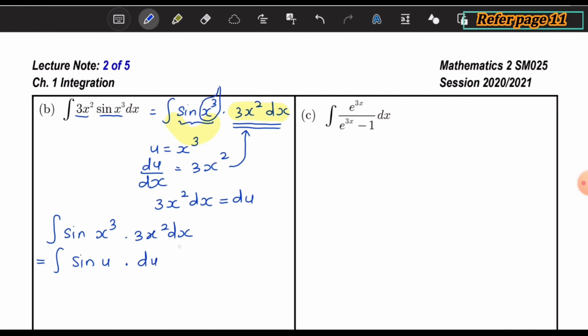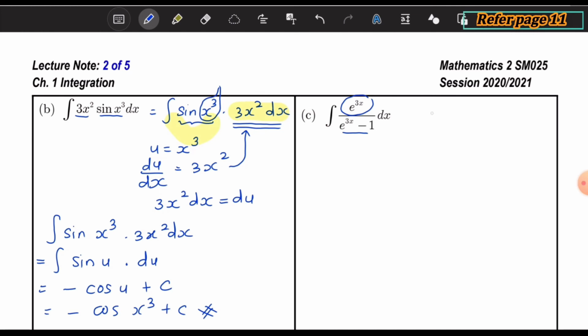Okay, 3x squared dx is du. And if we integrate, we will get negative cos u plus c, or negative cos x cubed plus c. Settle for part B.